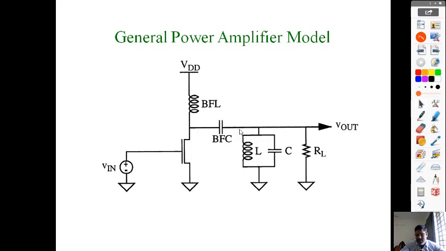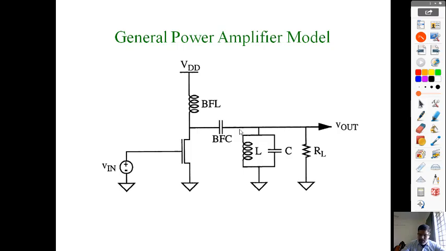When we fix the Q point close to the cutoff region, we know that the current through the active device will be 0.